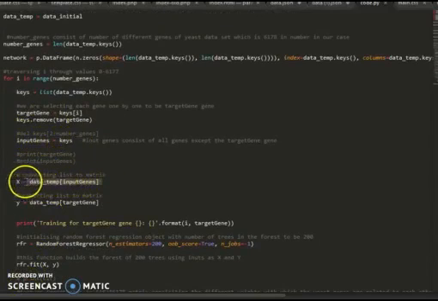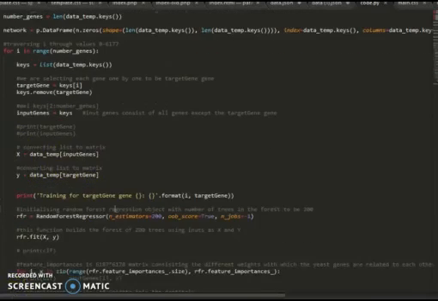Here X is the array of all the other genes except the target gene, and Y is the array of only the target gene. RFR is an object of the random forest regressor algorithm. The parameter we have fed into this algorithm is n_estimators equals 200, which means the number of trees we want in our forest is 200.